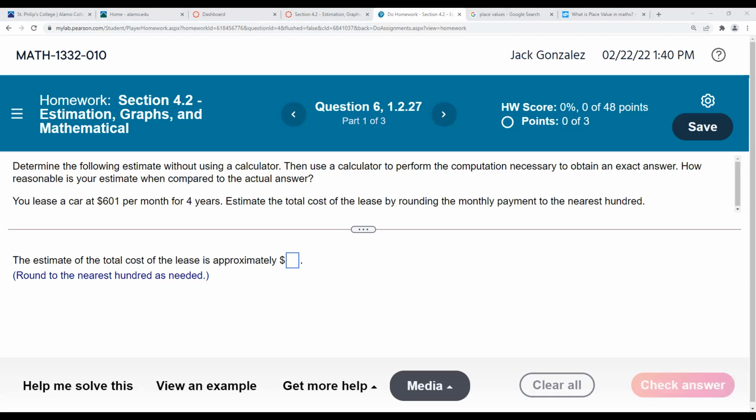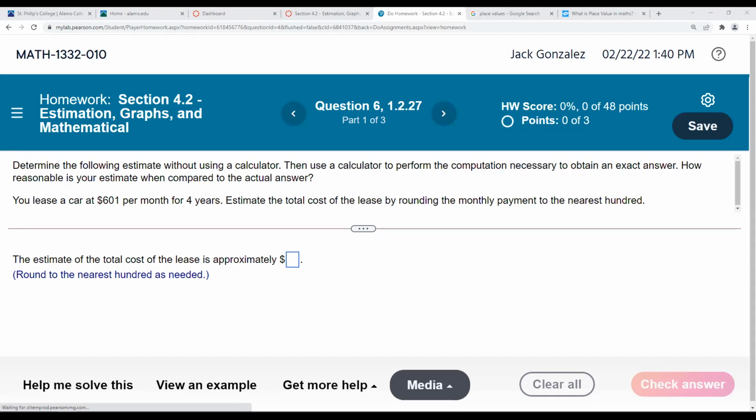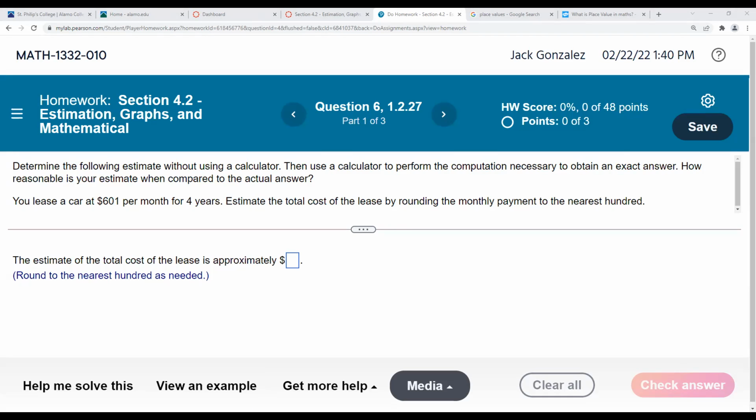So Juanita pays $3.10 per day to ride the bus. If a monthly pass is $40, is it cheaper to get the pass?